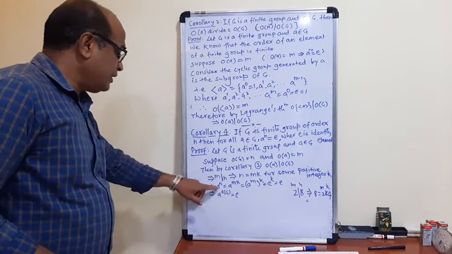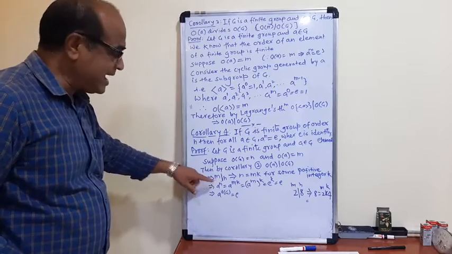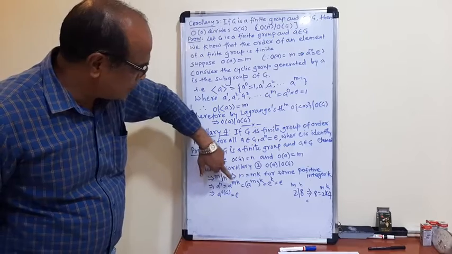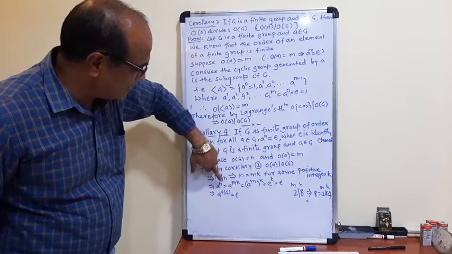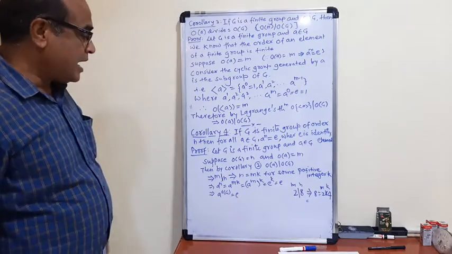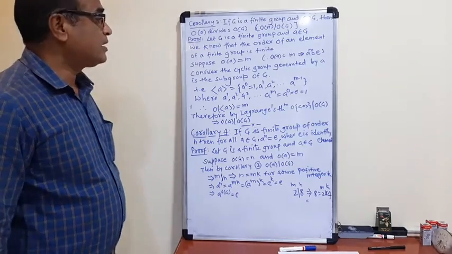Then we take the power a raised to n. What is n? n is mk. So a raised to mk, putting n equal to mk here, can be written as (a raised to m) raised to k.